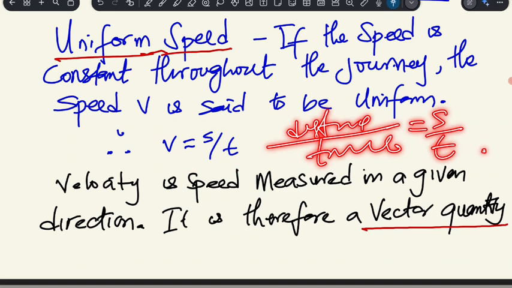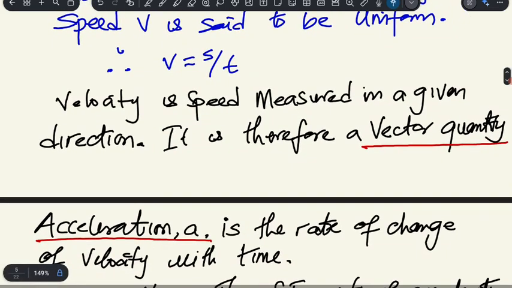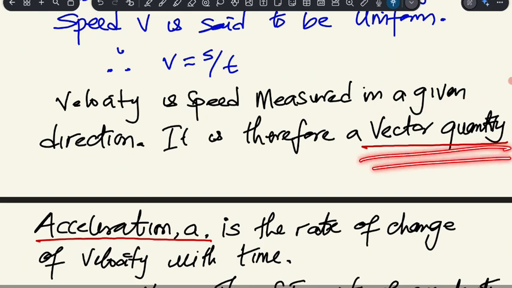So now we continue: velocity is speed measured in a given direction. It is therefore a vector quantity. That is part of what they ask in physics questions, no matter the type of exam.